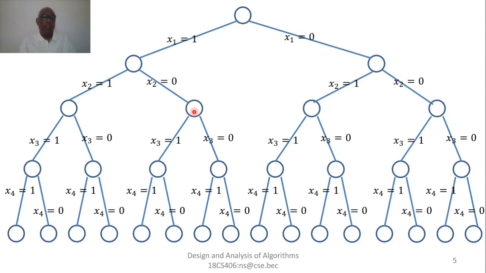Now, one more aspect of this state space tree is that any node can be a solution node. You have to note that any node can be a solution node. For example, this node, which represents the partial solution (1, 0, 1), which means that the first weight is included, the second weight is not included, and the third weight is included, may represent a solution, which means that the first weight and the third weight included will result in a value equal to m, and hence this represents the solution.